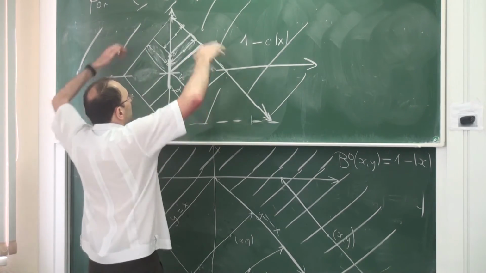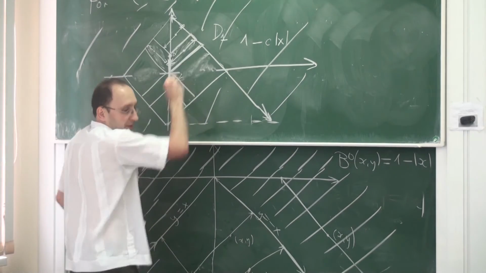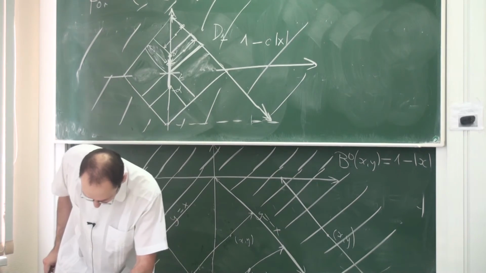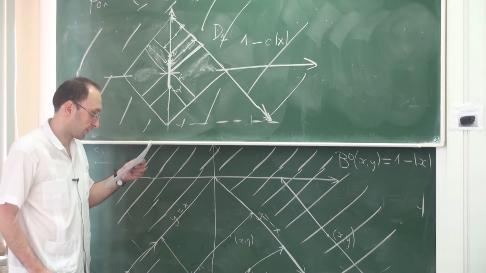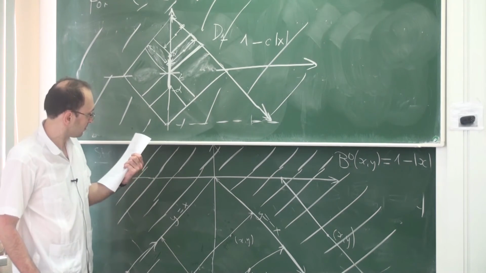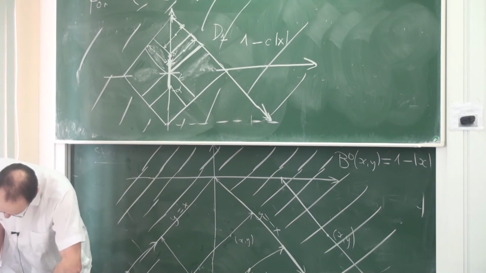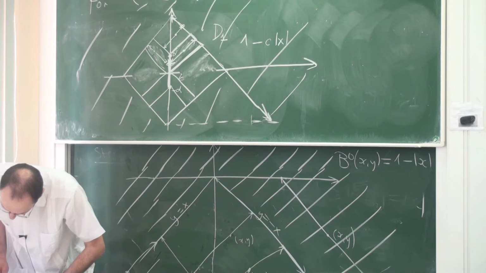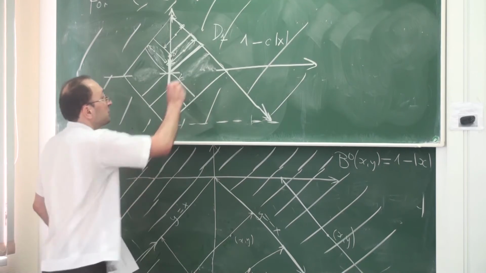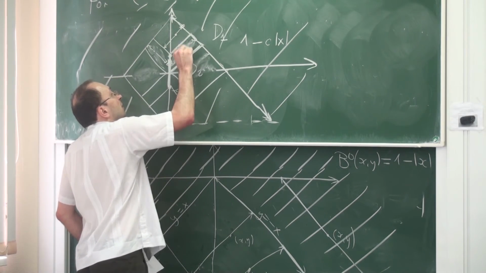Okay, so this outside of the square is D1. I will be consistent with my notes. So this is D2, D3, and D4.